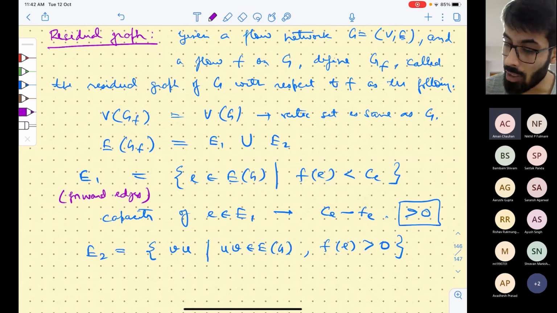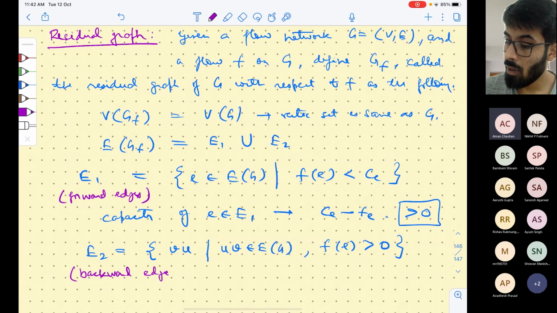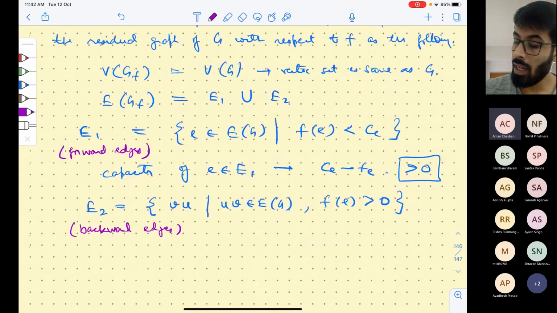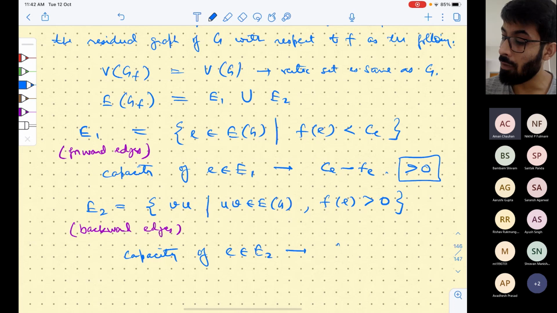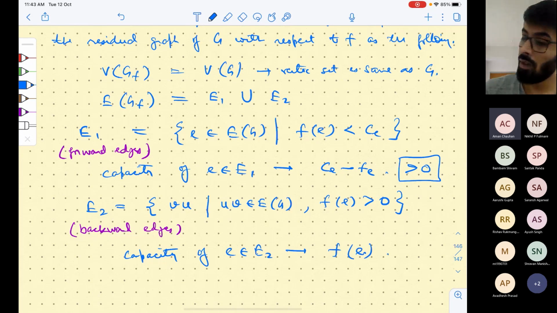So these are the backward edges. And the capacity of these edges e belonging to E2 is just f_e. Okay.